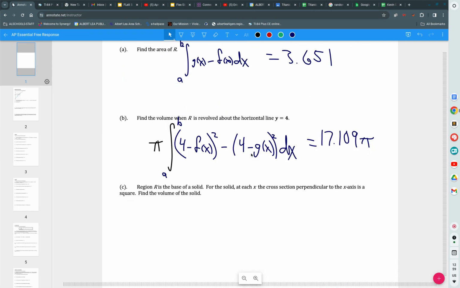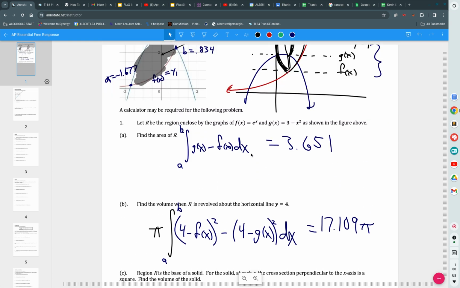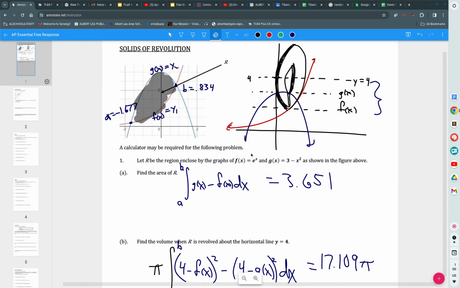So this one we've talked a little bit about. It says R is the base of a solid, and for each solid at each x, the cross section perpendicular to the x-axis is a square. Find the volume of the solid. And this is often where people start to take points off when you get to the AP exam, but I don't think it's all that bad. It's saying a cross section perpendicular to the x-axis.